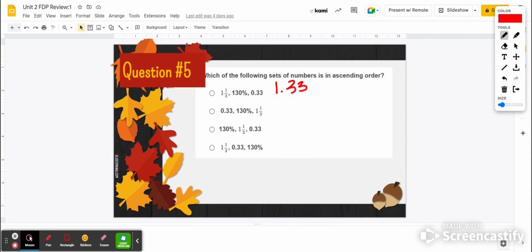And then I have 130%, and I can change that to 1 and 30%, or 130%, and I move that 2 decimal places to the left. I now have 1.3, and then I have 0.33. So now I look and I see, okay, I'm going smallest to largest. So I'm going to look for 33 hundredths first, then 130%, and then 1 and 33 hundredths. There's my answer.